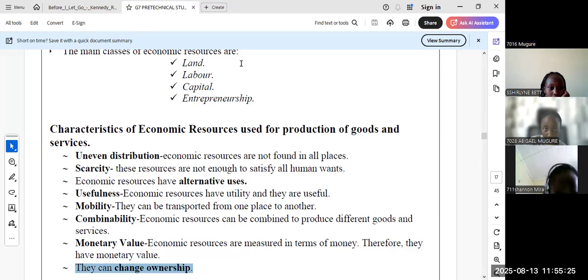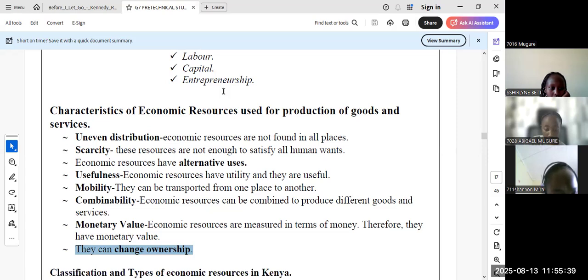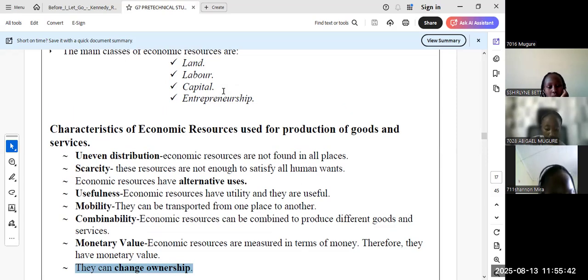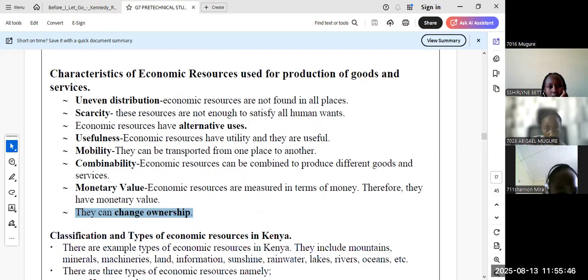If it was Nike, for example, and Nike has sold all their assets to Adidas, all the people who used to work for Nike will now become Adidas workers. So you see, the labor as a source of economic production has changed ownership from Nike to Adidas. So economic resources can change ownership.